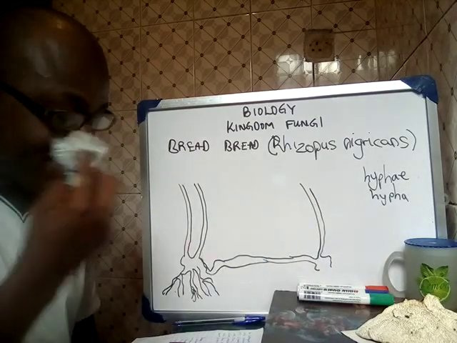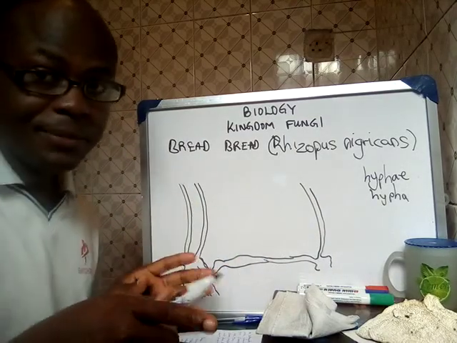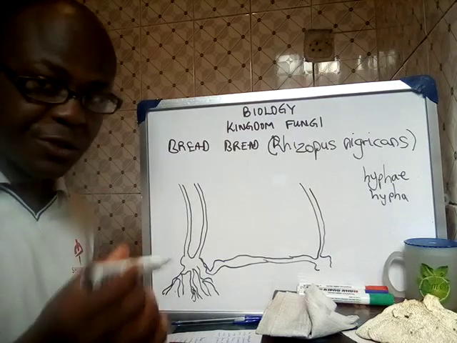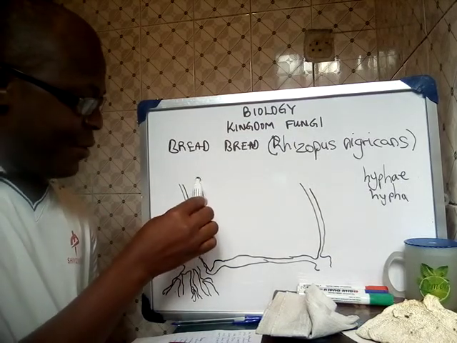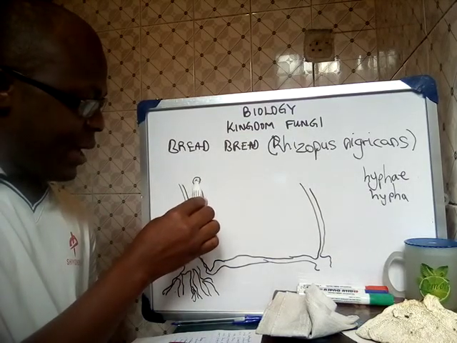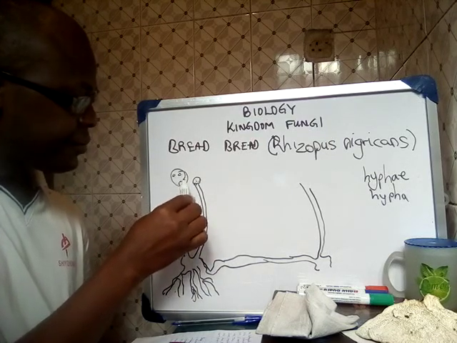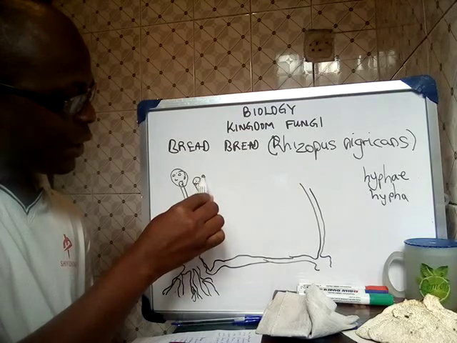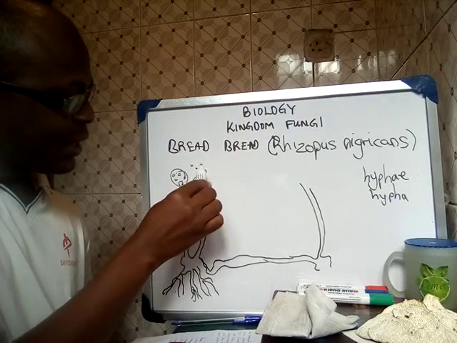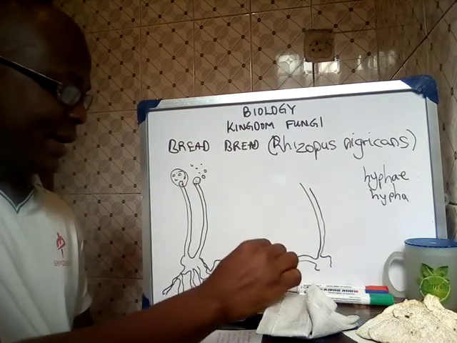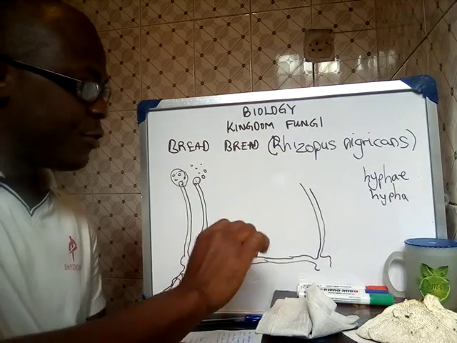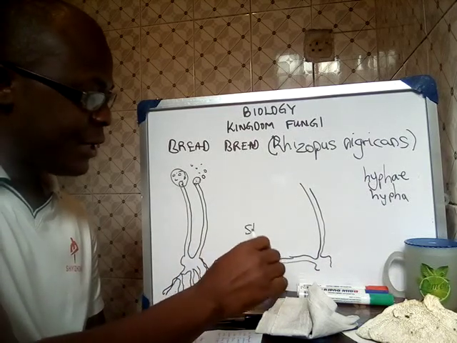So you have these crisscrossings all over within the bread or the substrate. Here you have a part that bears spores. So let's assume that this one was already mature and then the spores were released. This vertically running hypha is called a stolon.